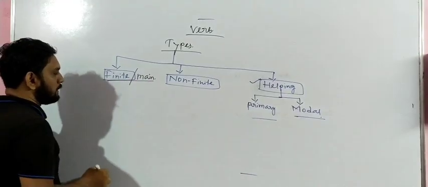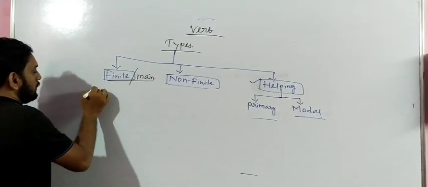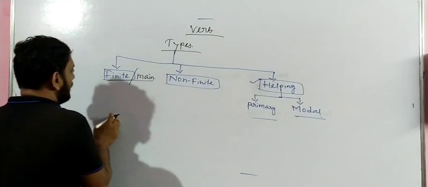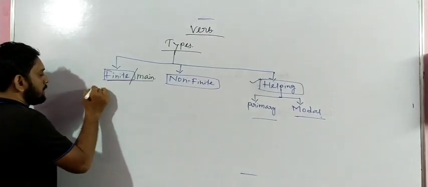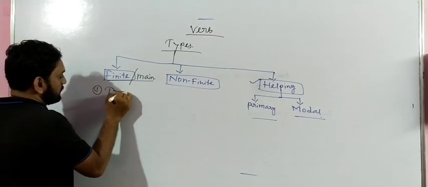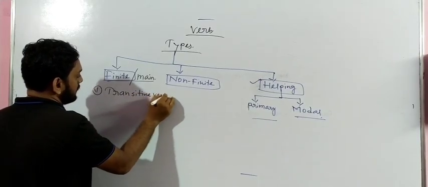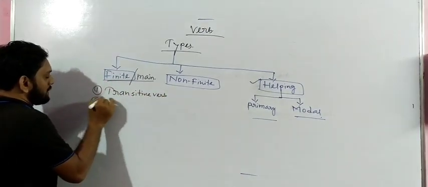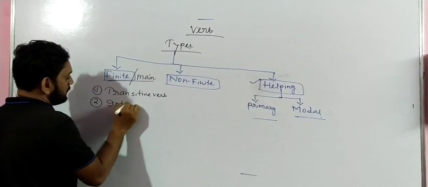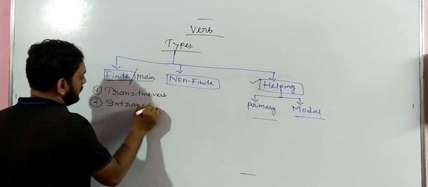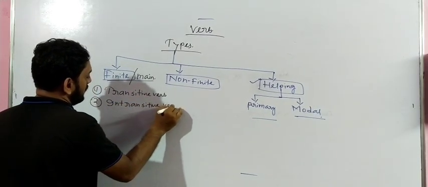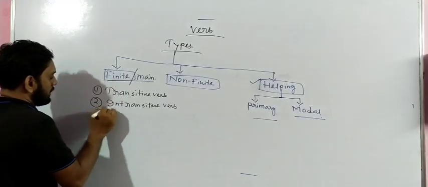Finite verb has been divided into three parts. First one is called transitive verb, second one is known as intransitive verb, and third one is known as linking verb.